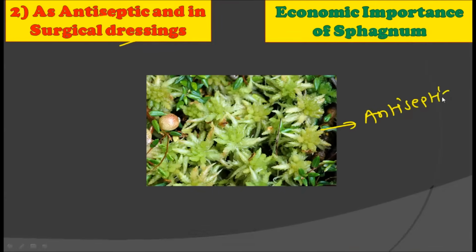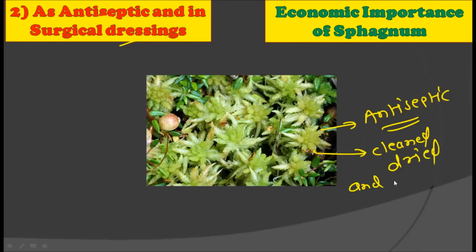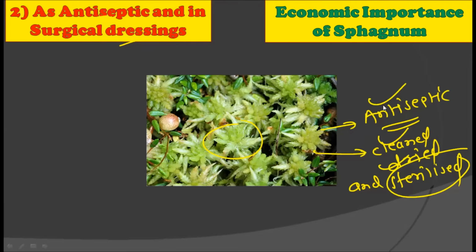Due to these antiseptic properties, sphagnum is first cleaned, then dried and sterilized for being used as an antiseptic. Not only as an antiseptic, this material is also used for surgical dressings in hospitals.